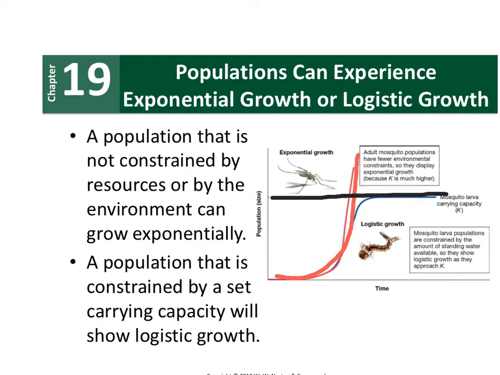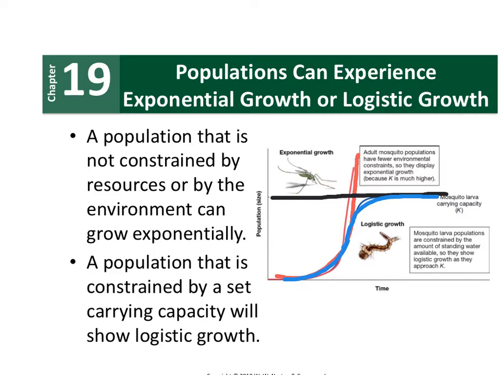Logistic growth follows the same thing. It grows first slowly, then much faster, the steepness of the curve, and then as it approaches the carrying capacity, it starts to slow down and reaches that carrying capacity K. And that's logistic growth, an S-shaped curve.